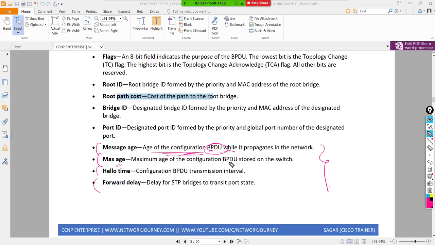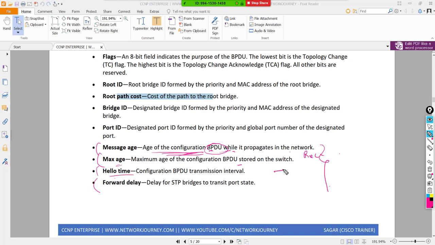Max age is the hold timer, the maximum hold timer that your spanning tree table is going to keep the other switch. If after 20 seconds there is no response, it's going to remove that and the reconvergence will happen.